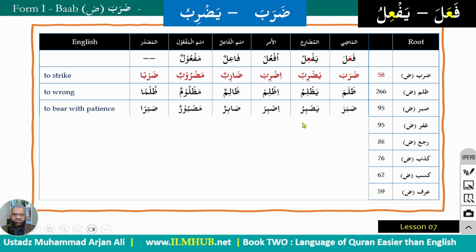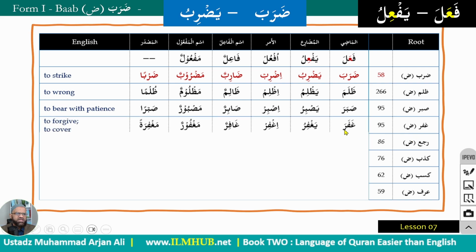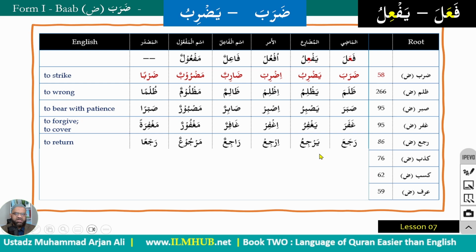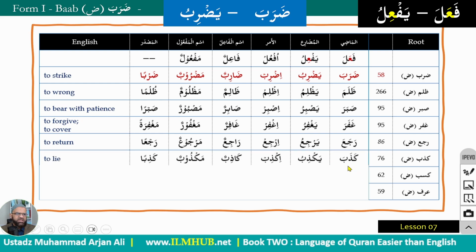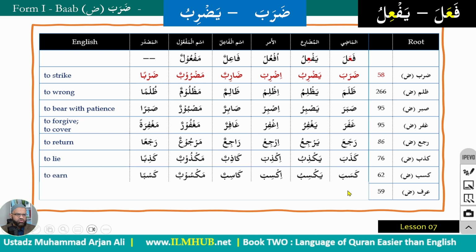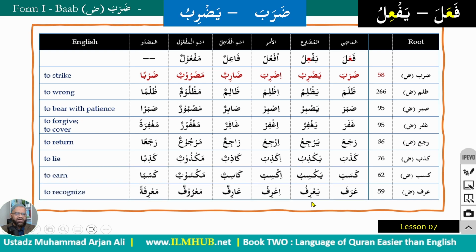Sabara yasbiru. This is where the word sabr comes from, inshallah. Gha, fa, ra, yaghfiru. Then we have ra, ja'a, yarji'u. Okay, you should be able to say this before me, inshallah, now. Kadhaba, yakdhibu. Kasaba, yaksibu. Arafa, ya'rifu. So again, to recognize something, he recognized, he recognizes, he earned, he earns, etc.